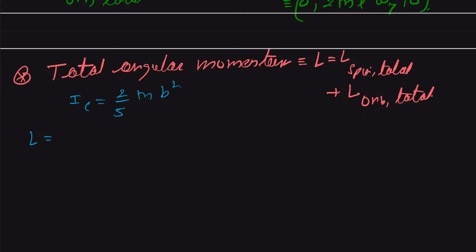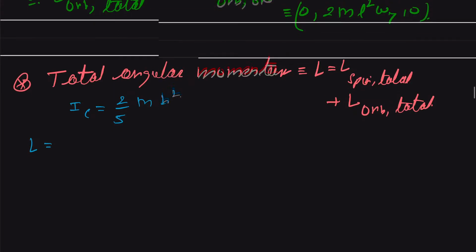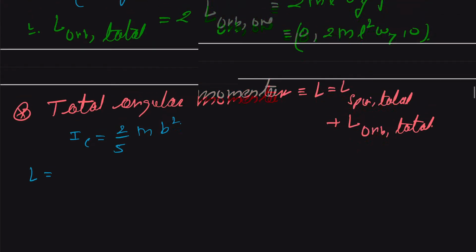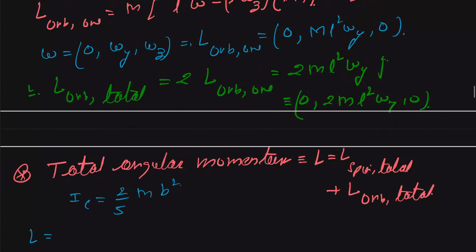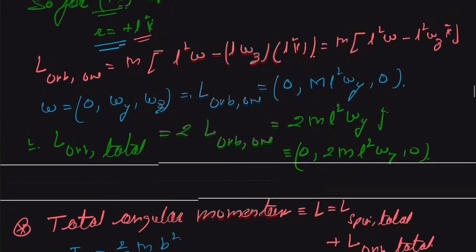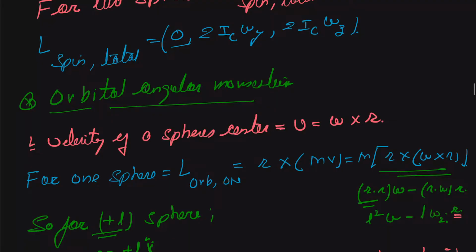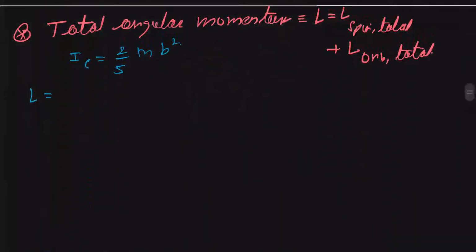One thing that was not mentioned in the calculation is our I of C, we simply multiply it here. So we get L orbital plus L spin. So L orbital has a zero component and L spin is also 0, so this comes as 0 plus 0 equal to 0.